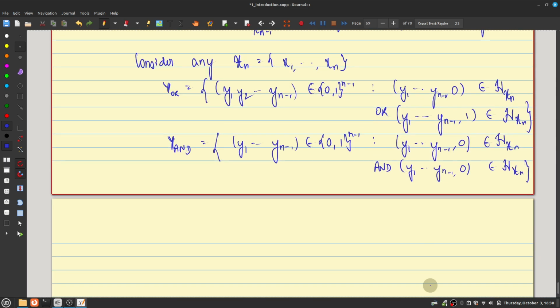It's a set of all 0, 1 vectors of length n minus 1 such that when appended with both 0 and 1, they belong to the restriction hxn. Okay, it's just a definition. All right, we'll see why this is useful in a moment.